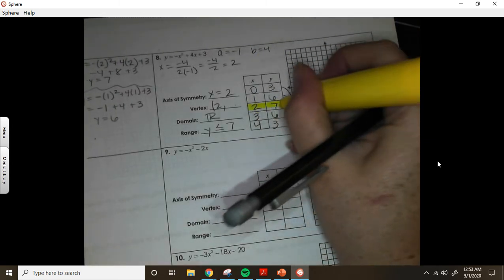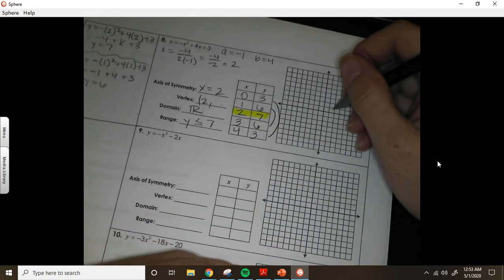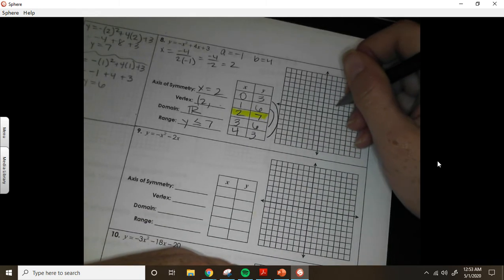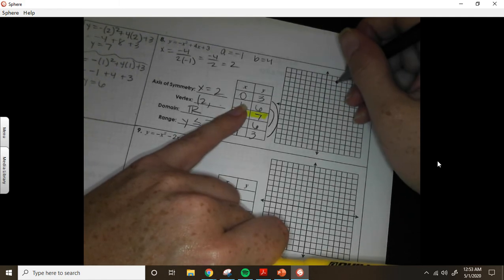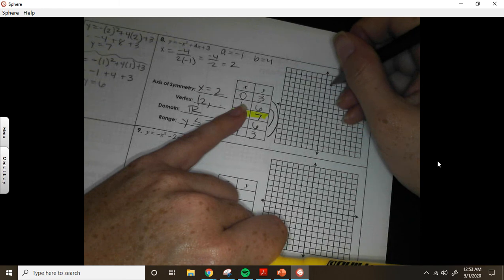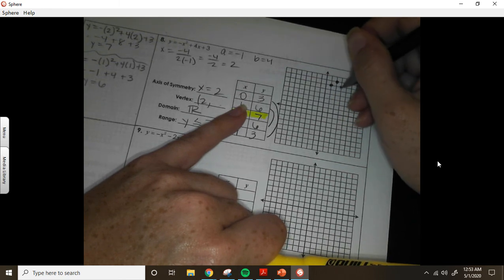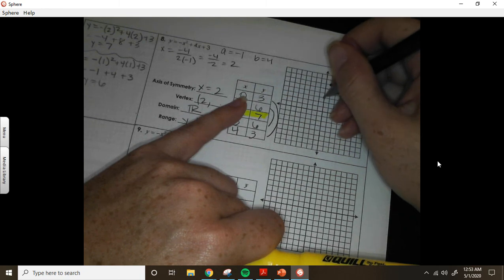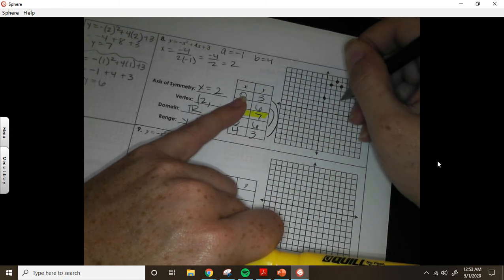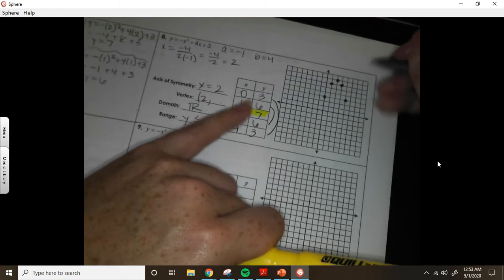Vertex is here. 1, 2, 1, 2, 3, 4, 5, 6, 7. This is opening down. 1, 6. Well, if this is 7, then this is 6. And then I know the mirror image is going over here. 0, 3. So 0, 1, 2, 3. And I know 1, 2, 1, 2 over. That's your parabola.